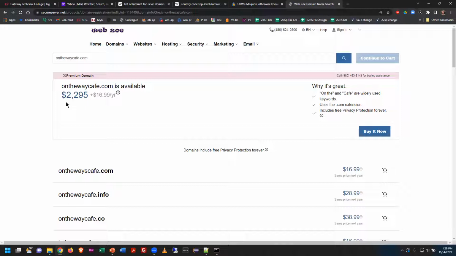Like, ouch, right? And this is a bitter pill as well, because a lot of business owners will say, you know what, that's great, I'm not going to pay that. Very interestingly, in the old days of the web, when a lot of companies weren't really savvy about this, people went out and bought, for example, Coca-Cola.com, which was owned by an individual, and Coke had to pay big money to get that name.